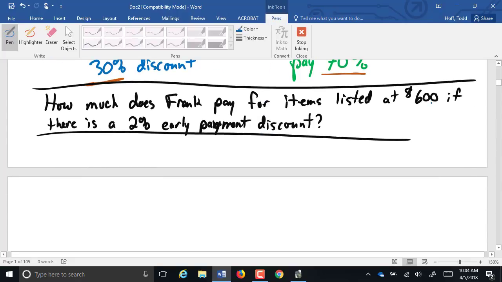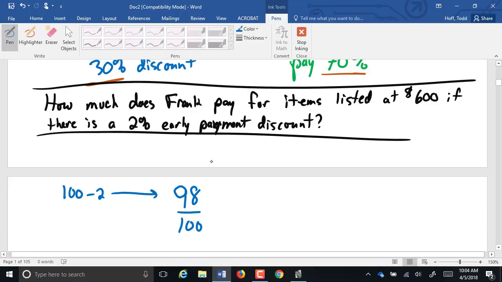We could find 2% of the 600 and subtract it out. But if there's a 2% discount, what percent does Frank pay? What's 100 minus 2? 98.